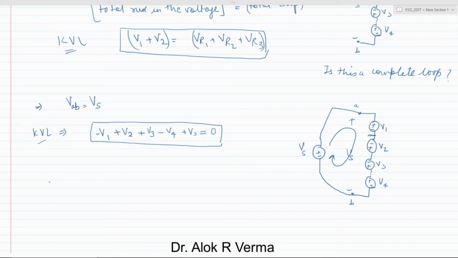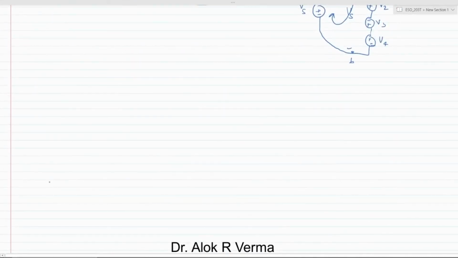Okay, now we'll take one of the easiest circuits and see how we can use these laws. For example, we have a source connected to a battery, then one resistor, and then one more resistor.